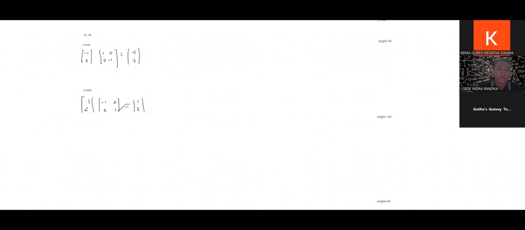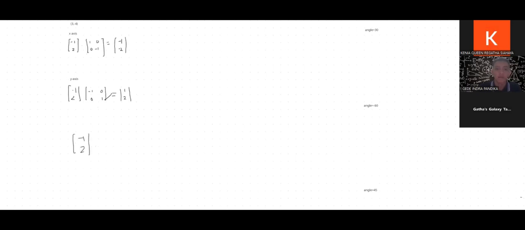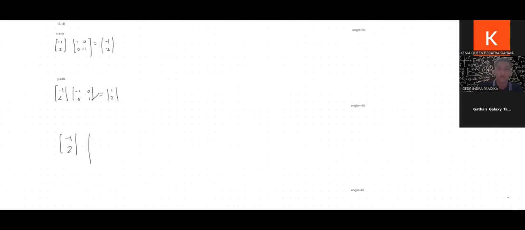Okay, so to find the representation of y equals x, we have to multiply the vector with the standard matrix of y equals x.